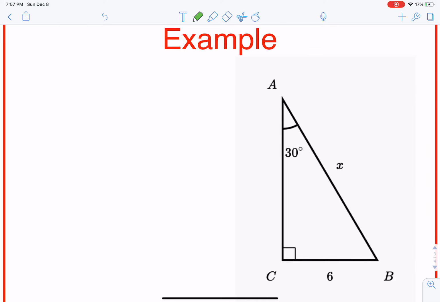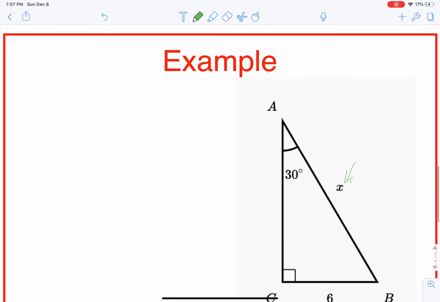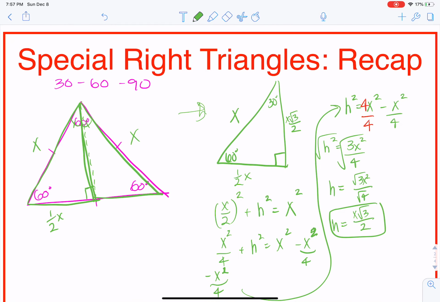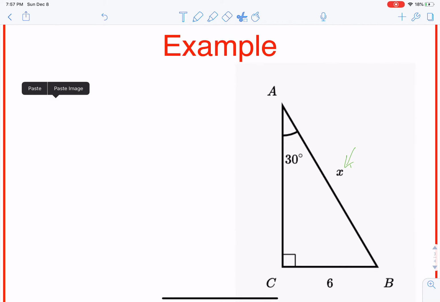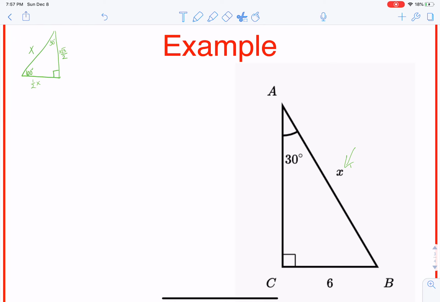So here I'm talking about a 30, 60, 90 triangle, and I want to solve for this side length of x right here. So what I can do is I'll grab my ratio, and I can just have that off to the side there. Looking at this 30, 60, 90 triangle, they're giving me the angle measure of 30.